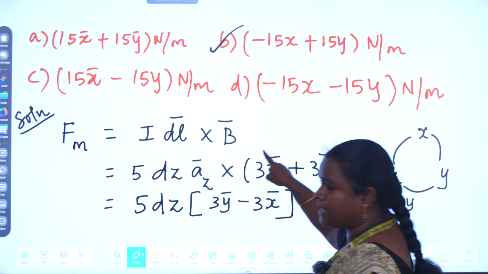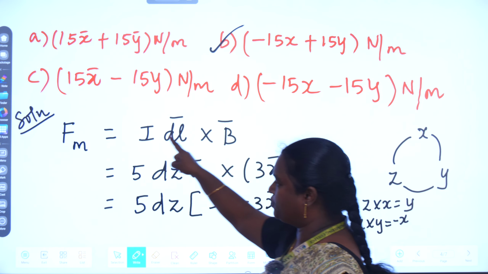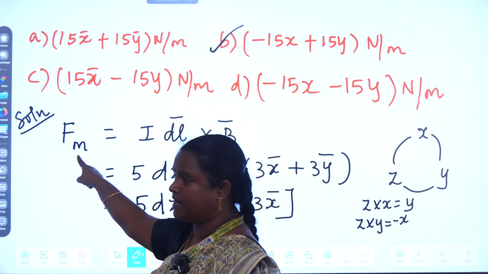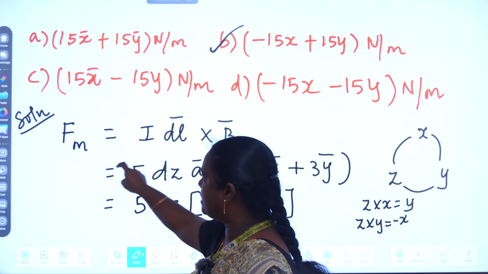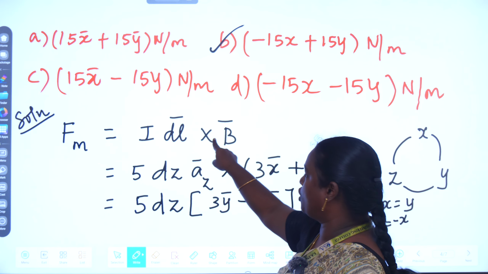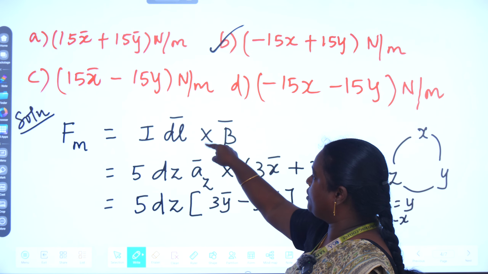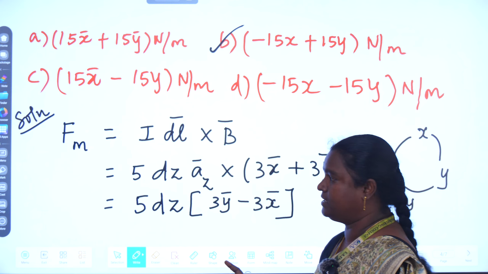So the magnetic force, F for force and M for magnetic. To find the magnetic force, the formula is I dL cross B. Cross is nothing but we are going to take a cross product with respect to current and flux density.